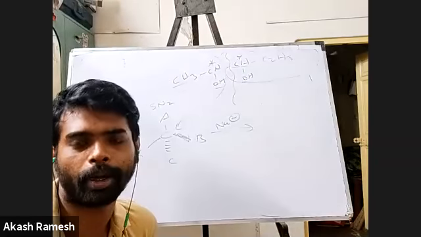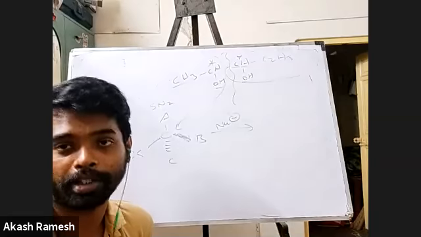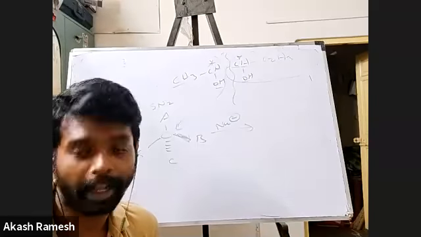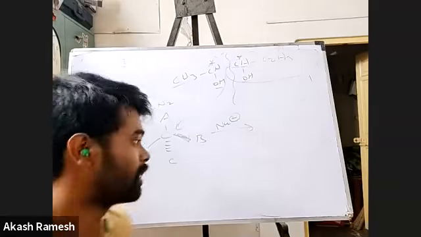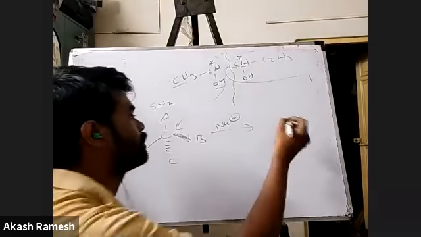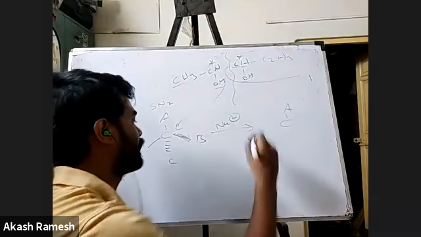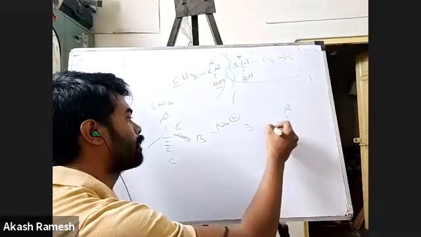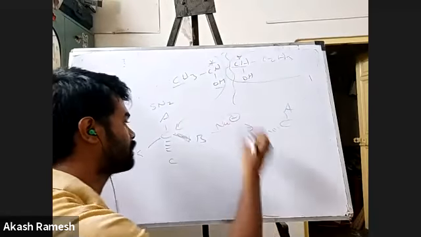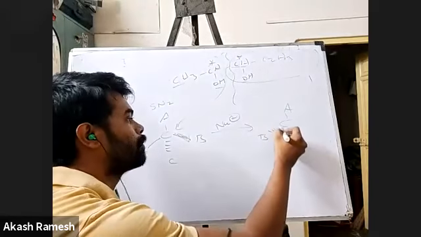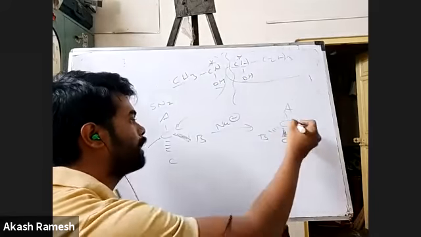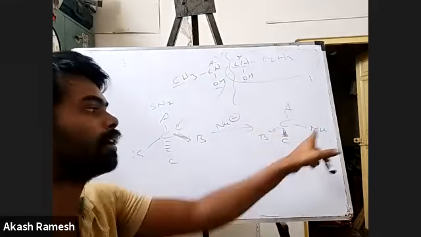Why does it happen? Because of repulsion, by VSEPR theory; we'll go into the details. So you will see that B would have gone inside this side, C would have come towards you, and you have the nucleophile attached to this side.